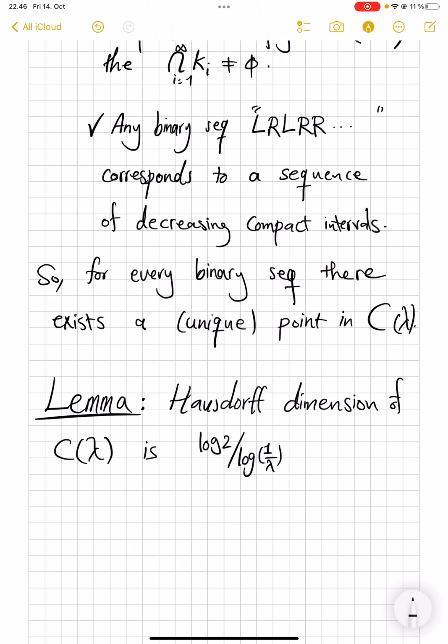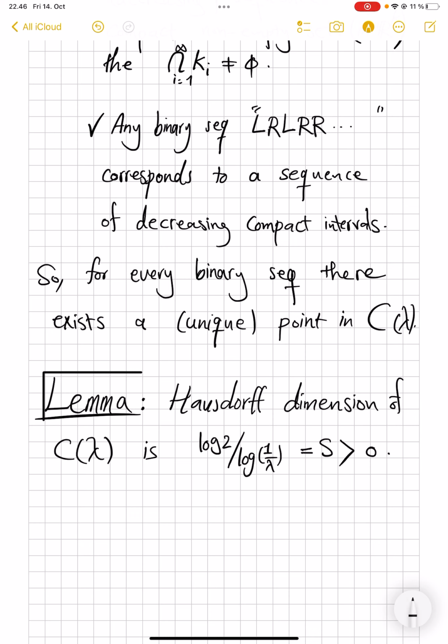So log of lambda would be a negative number, but this is now the right one, so let's call this just S. And from this also it follows that this has to be an uncountable set, because countable sets have Hausdorff dimension 0, and this is not 0, so therefore the set could not have been countable.